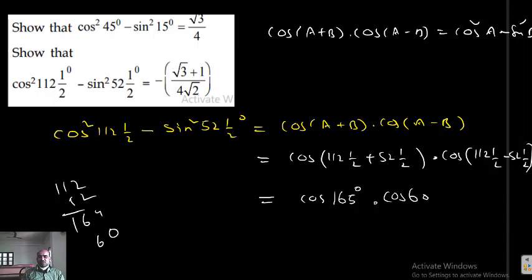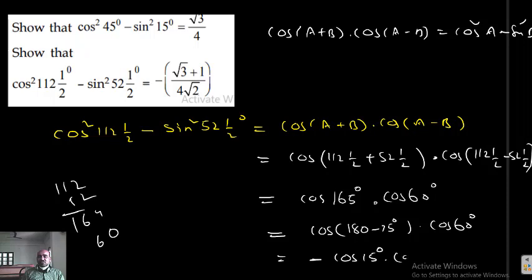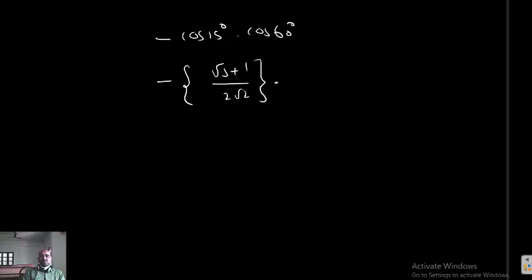This is the same as cos of 180 minus 15 degree into cos 60 degree. In the second quadrant you will get minus cos 15 degree into cos 60 degree. So minus root 3 plus 1 by 2 root 2 into 1 by 2.